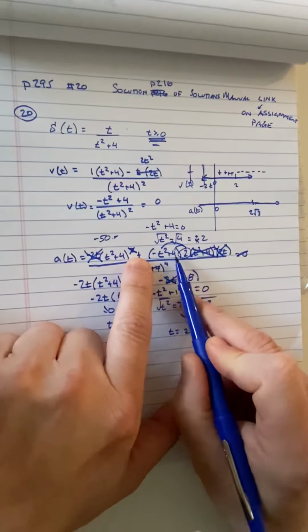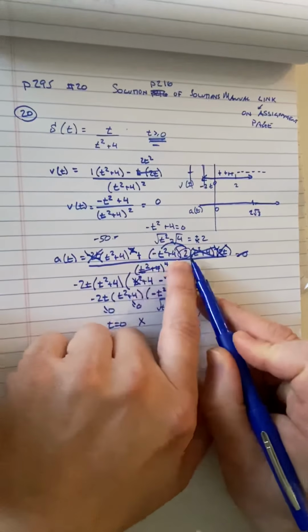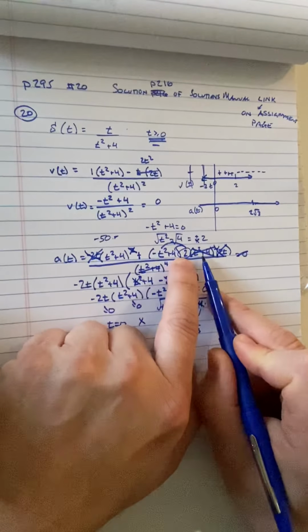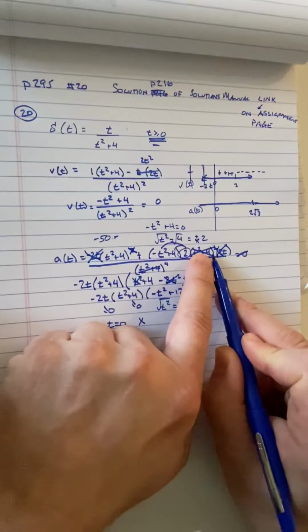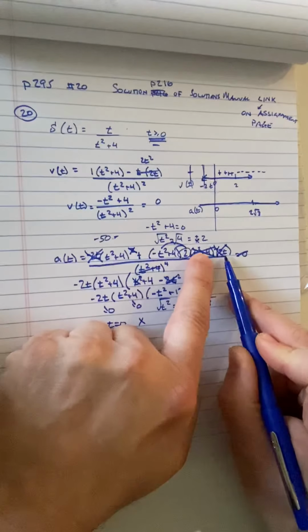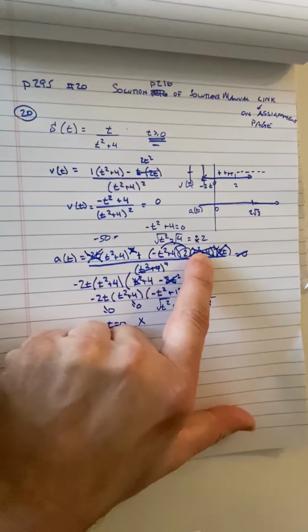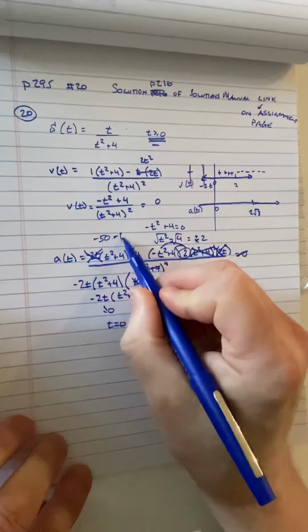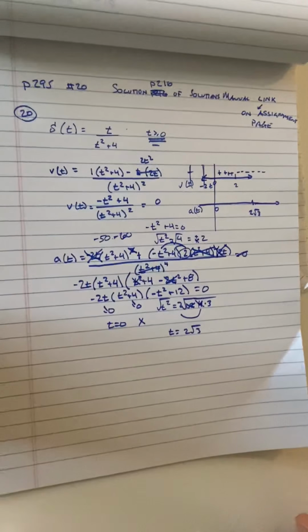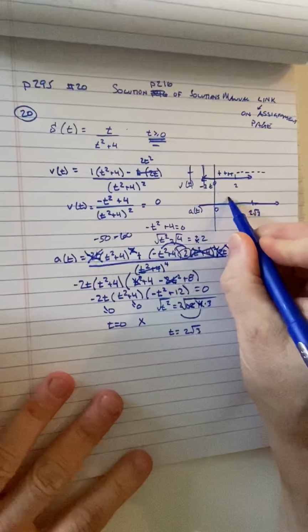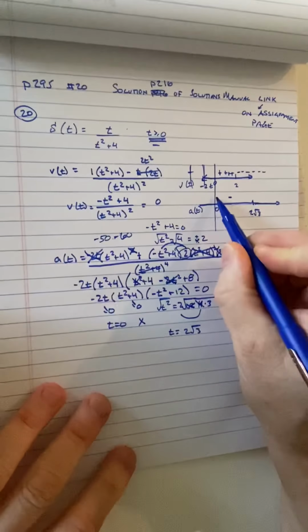We'll get 3 times 2 is 6, times 5 is 30, times 2t, so times 2 is 60. And hopefully I haven't forgotten anything. Negative. So I get the acceleration is negative in this zone.